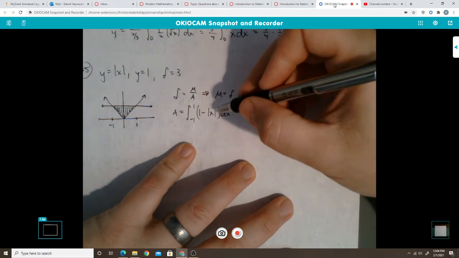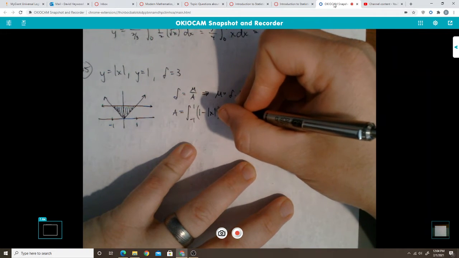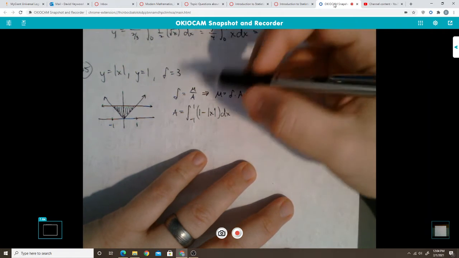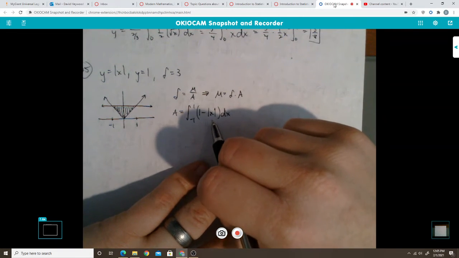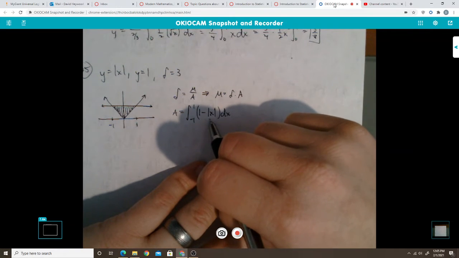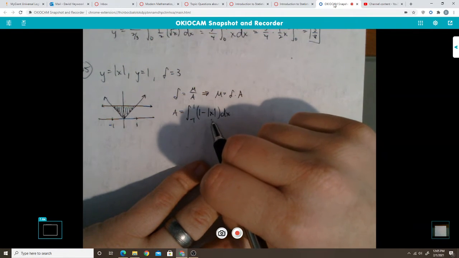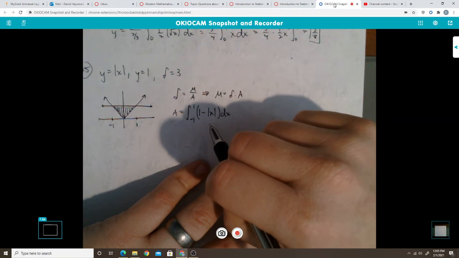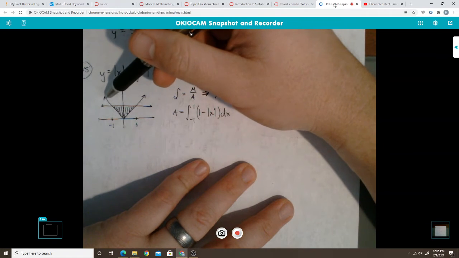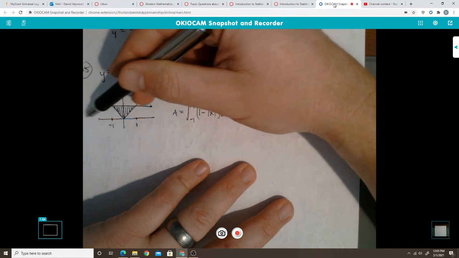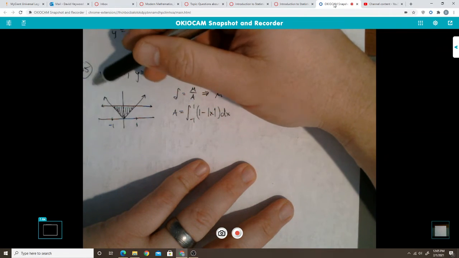Now, integrating absolute values and differentiating absolute values for that matter is somewhat challenging. What you have to do is somehow get rid of the absolute values, and it's helpful to think of this as a piecewise thing. Notice that from -infinity all the way to 0, this is just a straight line.